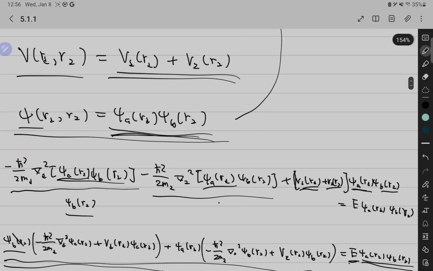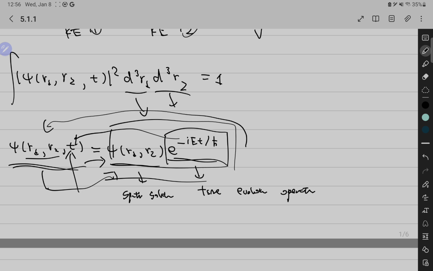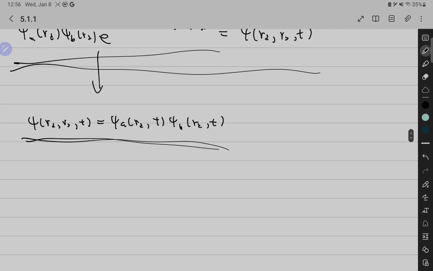It's a revert of what we did here, of taking the time variable out into a time evolution operator, but we're simply reverting that right now, turning this whole thing back into this for both of these equations. So you're going to obtain this formula for both.